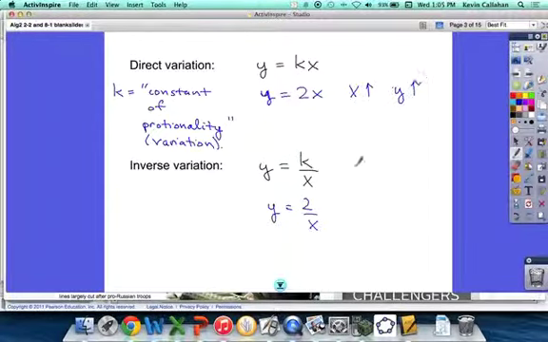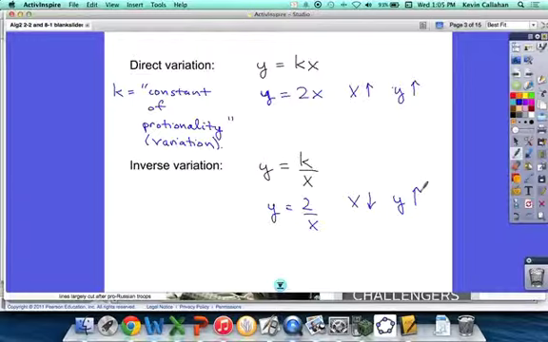And in this one, if x goes down, y goes up. Right? They vary inversely, in different directions. So we'll leave that at that. That's the basics. That's what we mean by direct variation and inverse variation.